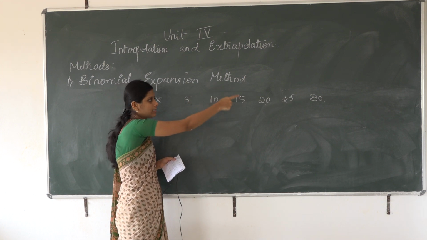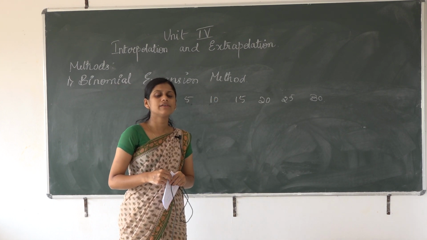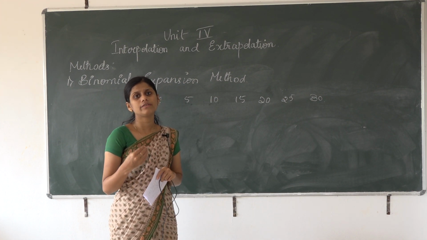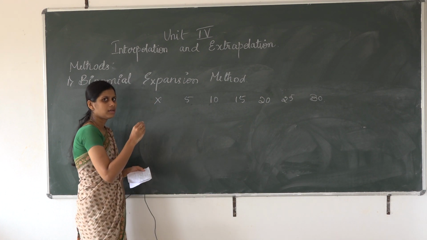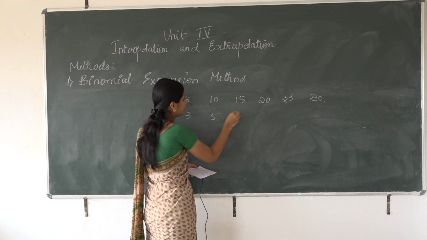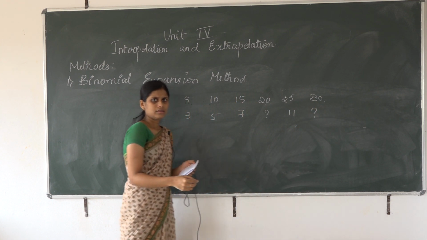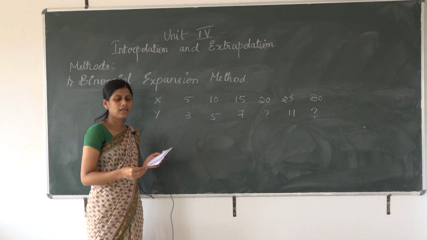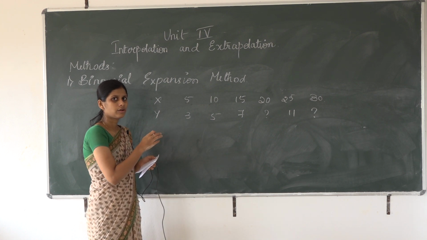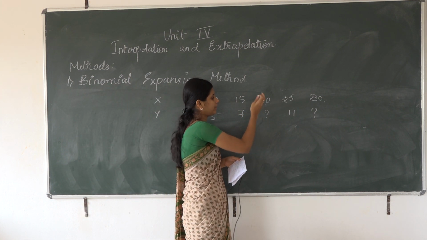Then the second condition is that the value of x for which the value of y is to be estimated should be one of the values of x. Suppose the values of y are 3, 5, 7, dash, 11 and dash. Here the second condition says that the value of x for which y is to be estimated should be one of the values of x.